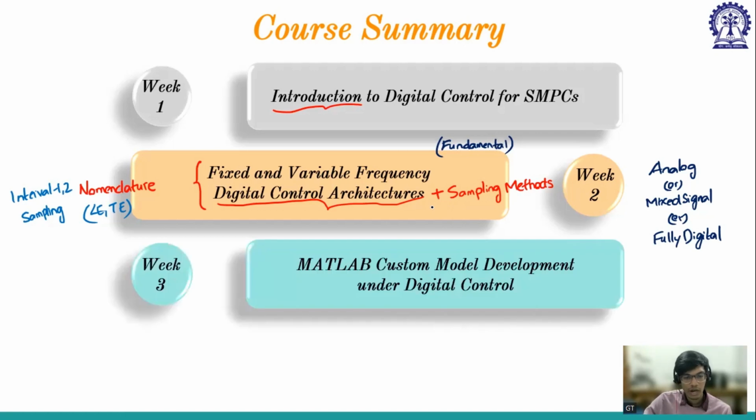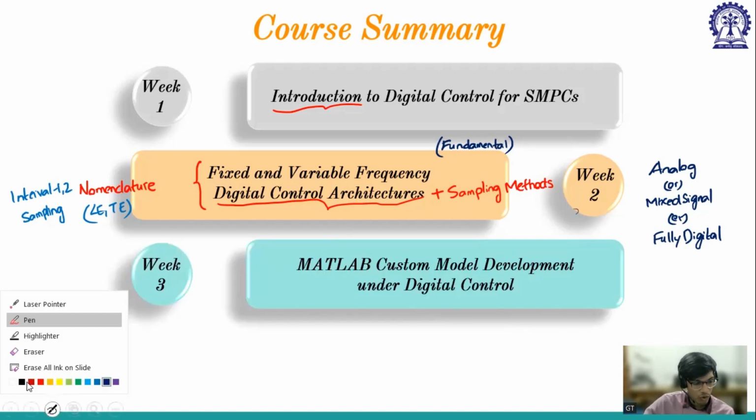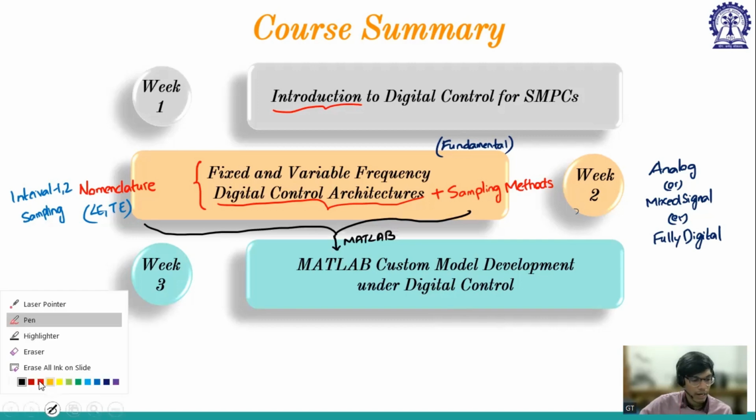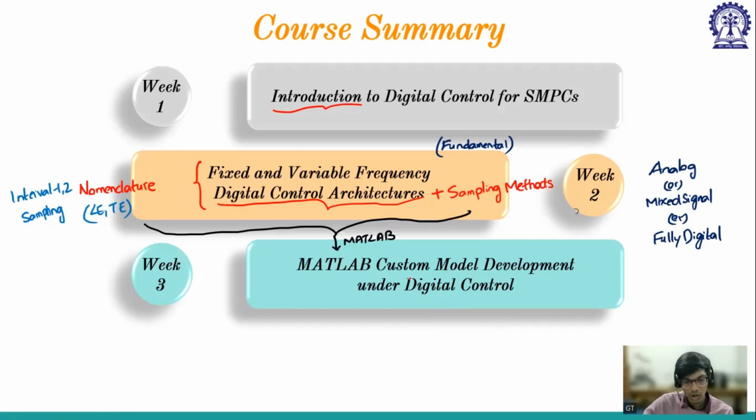Then week 3 is just the MATLAB implementation of whatever we have discussed here. Whatever we discussed in week 2, we implemented in MATLAB. When we moved into MATLAB, the very first question was how to implement MATLAB models of digital control architecture.